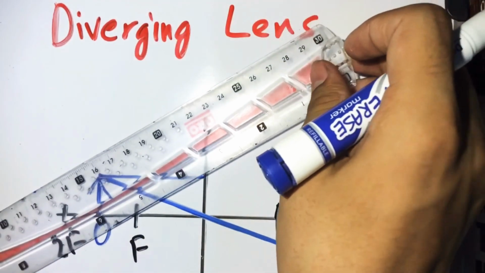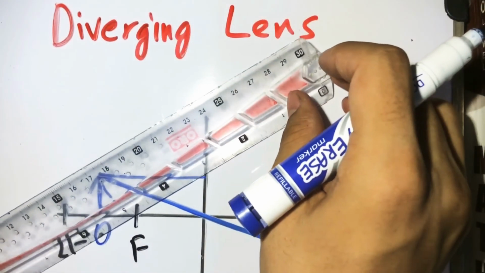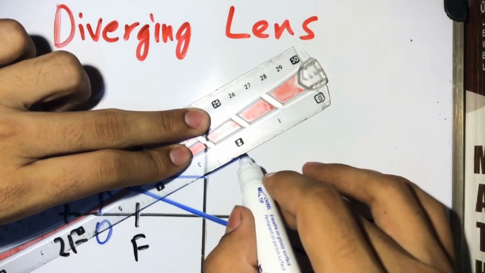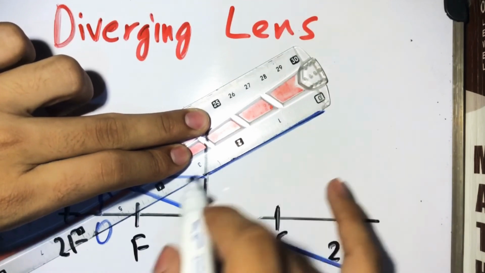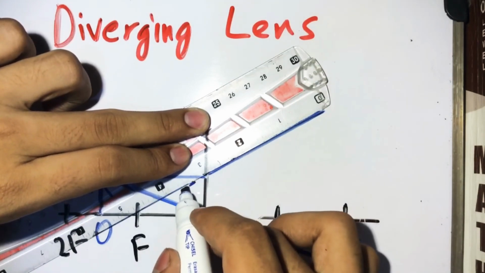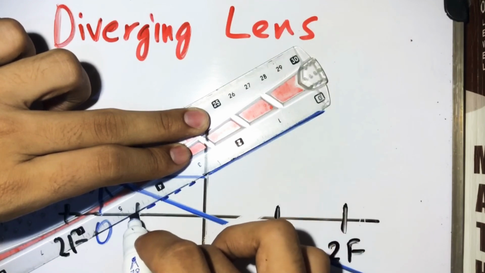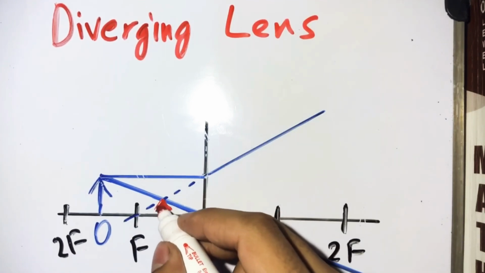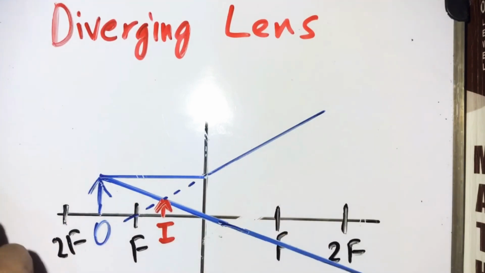So we use these 2 points to draw a line, keeping the scale like this. And we'll back produce this line as the dotted line. Now the image in the diverging lens is formed over here, where the back produced line meets the other ray. This will always be the case in diverging lenses.